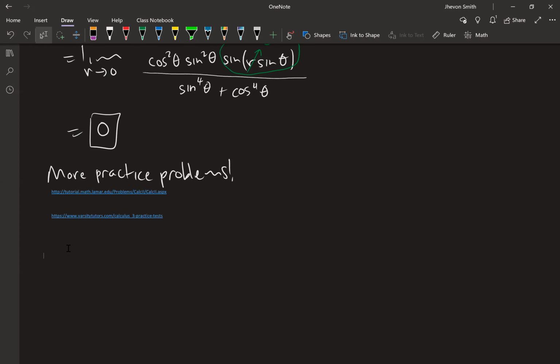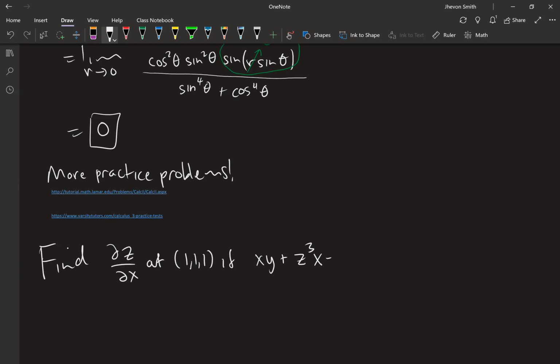Okay, here's one. Find the partial of z with respect to x at (1, 1, 1) if xy plus z cubed x minus 2yz equals 0.